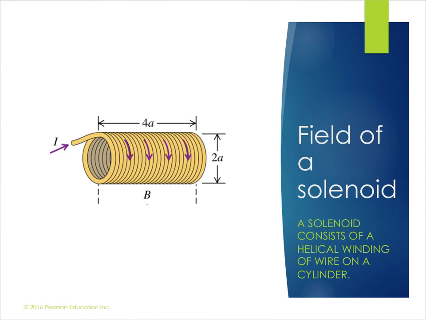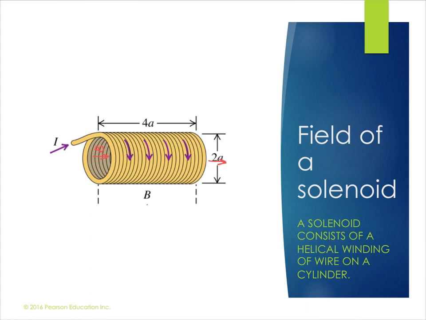If we use our right-hand rule and we see at the front of the coil our current's pointing down, we should convince ourselves that the magnetic field inside should be pointing to the right. Basically, we're trying to make it relatively uniform within that coil so we can create a nice constant magnetic field.